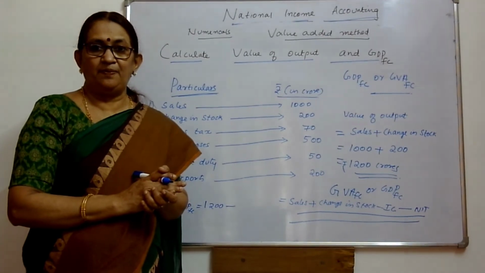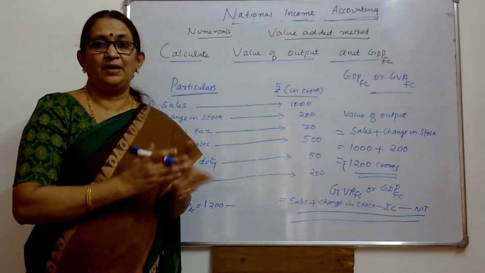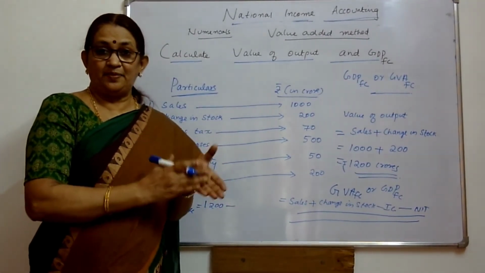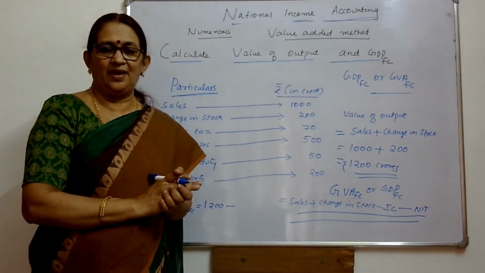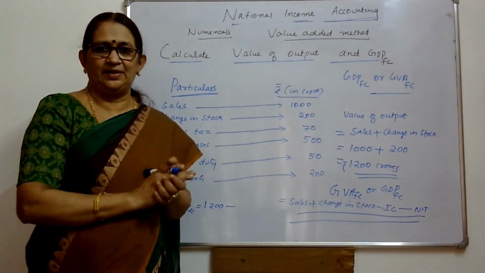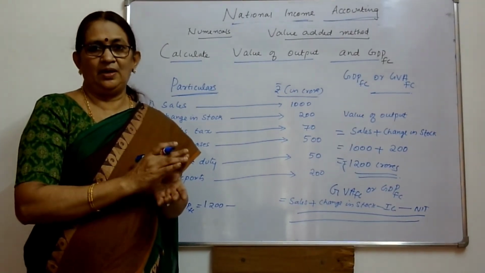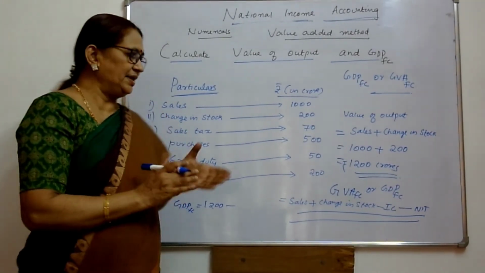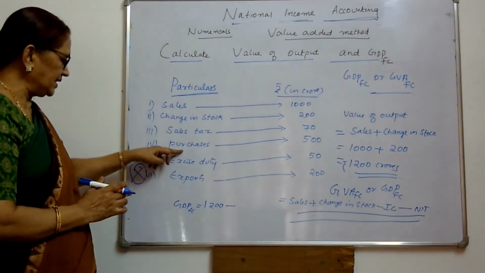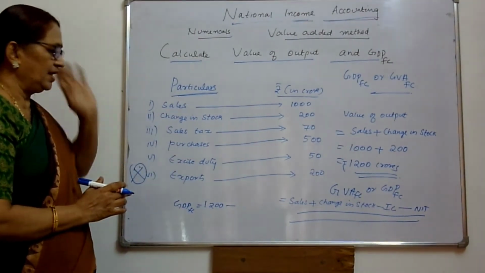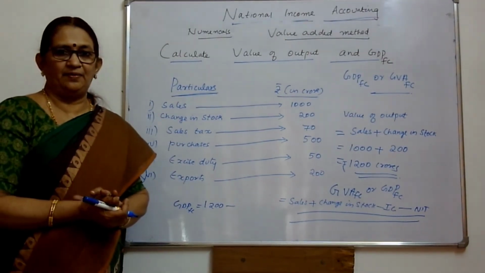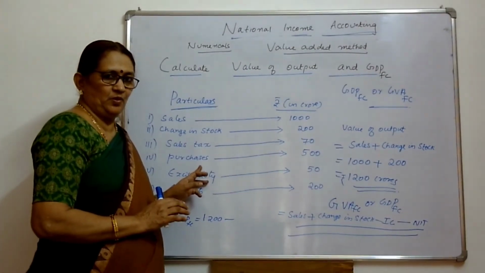If it is given purchase from firm A, that means the domestic purchase, purchase from within the country, then we have to include imports also. But here the term purchase is given. Imports is not given, that means purchase includes imports.